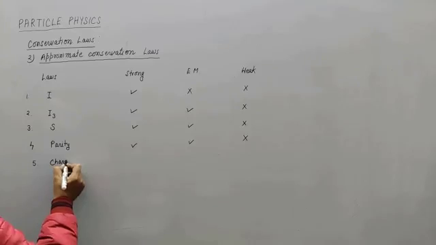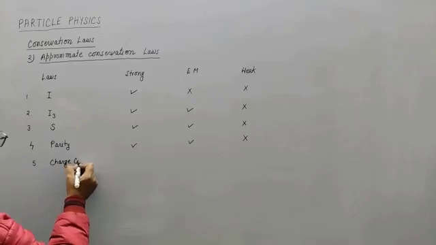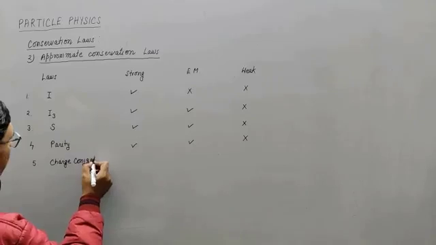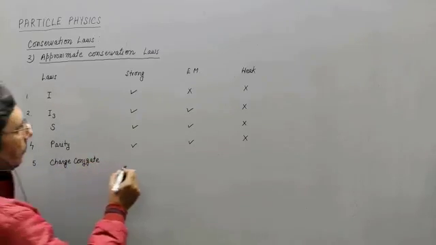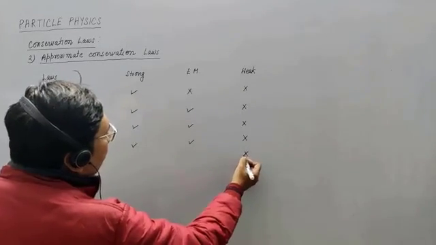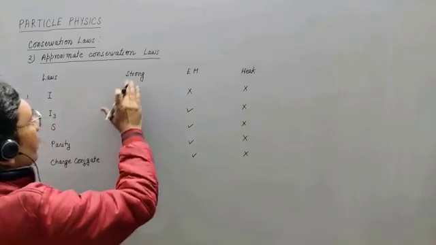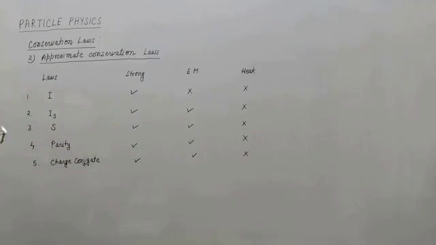Next is charge conjugation. Charge conjugation is also violated in case of weak interaction. It will be followed in case of strong and EM interaction. And last one is time reversal.